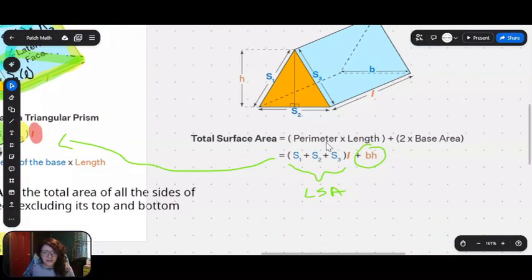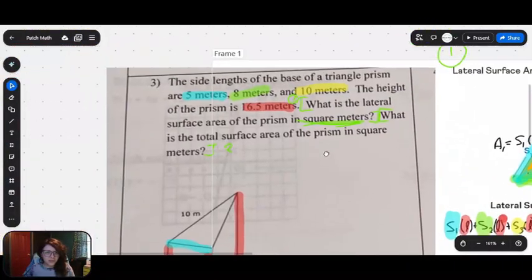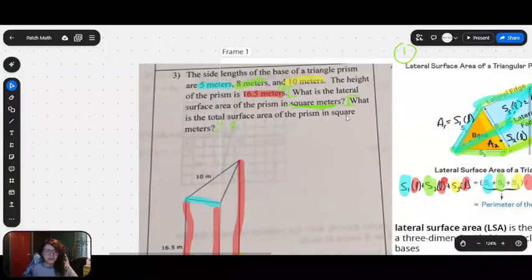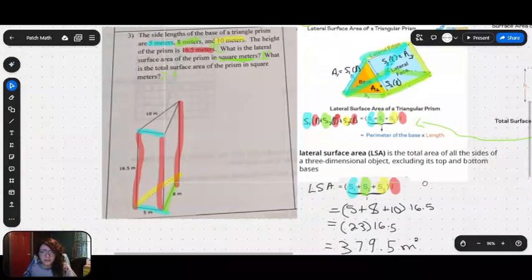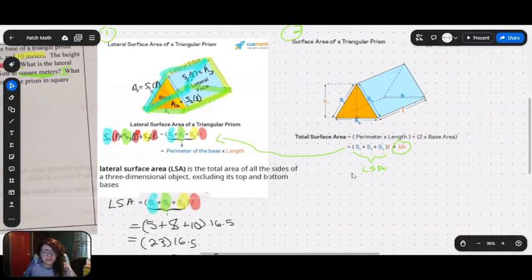If you look here at our original problem, you'll notice that they did not actually give us the height of either one of our triangular bases. They gave us 3 side lengths here. So when I was doing this problem during the lesson, I stopped here because this is where it gets a little complicated. This formula assumes you've been given height.